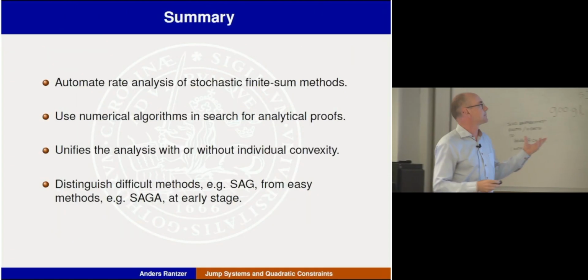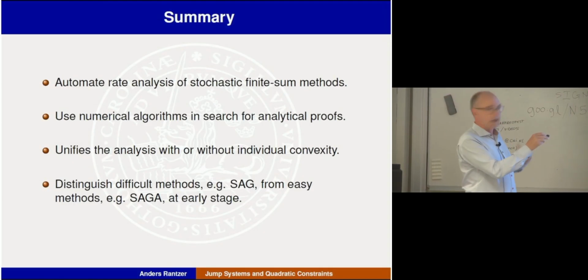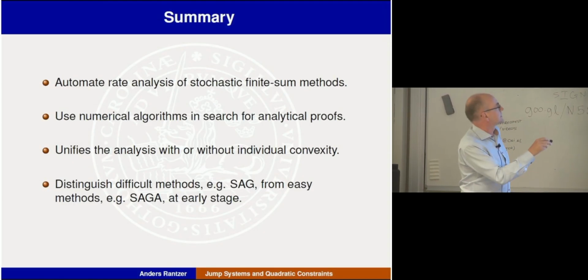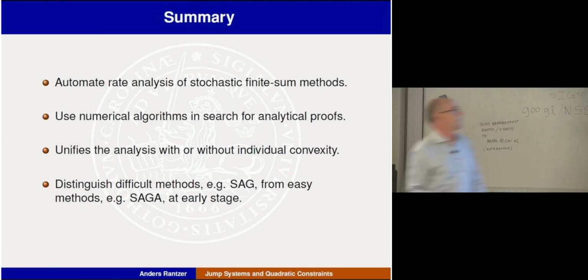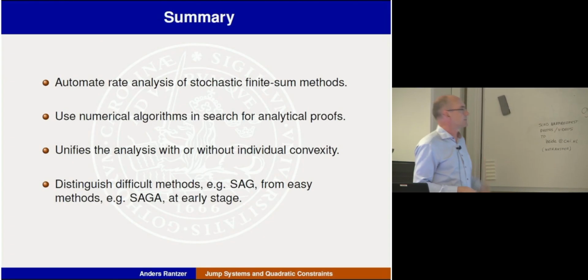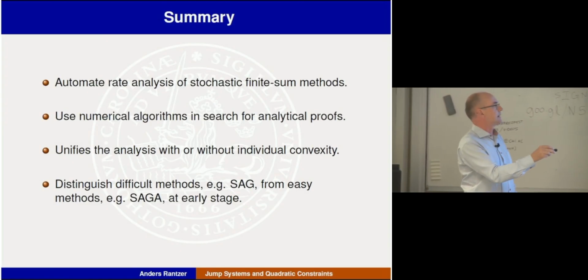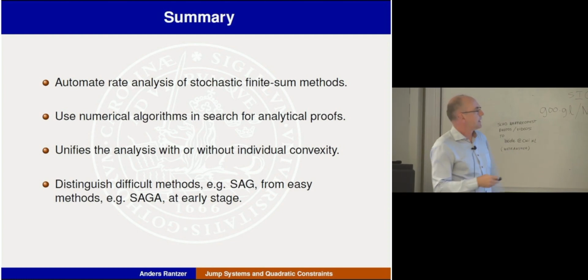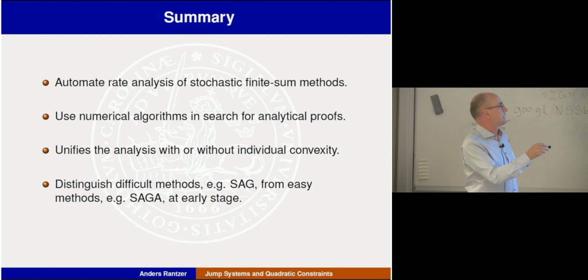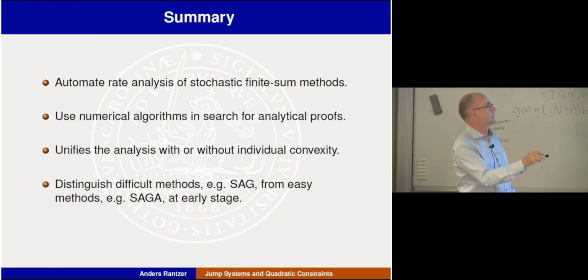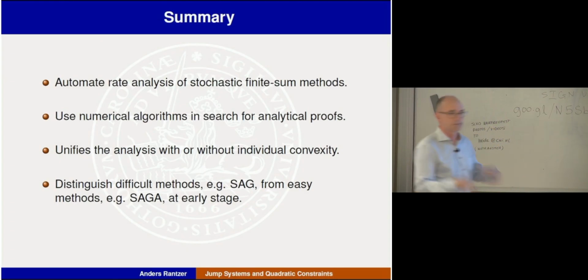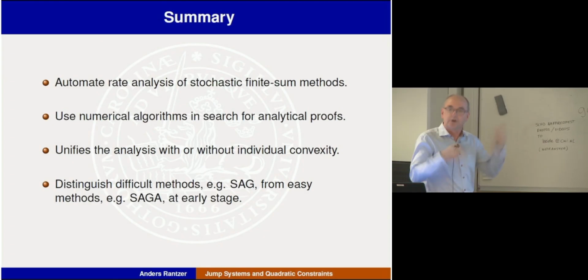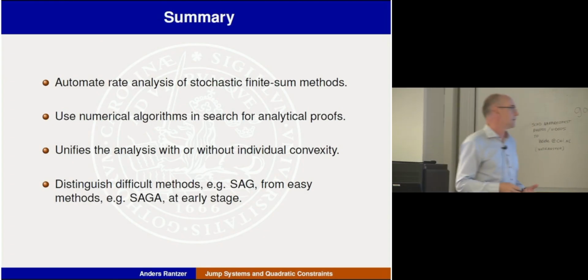So let me summarize by saying this is a unified method. It allows us to make more or less automatic rate analysis for stochastic optimization methods. In the first step, you can use numerical algorithms to search for convergence rate, and then if you find solutions numerically, you can go on and try to make analytical proofs by symbolically solving the semi-definite program.